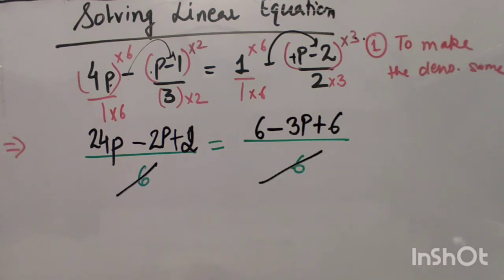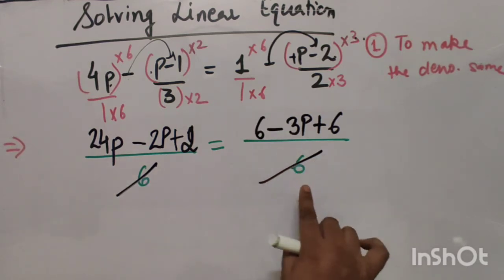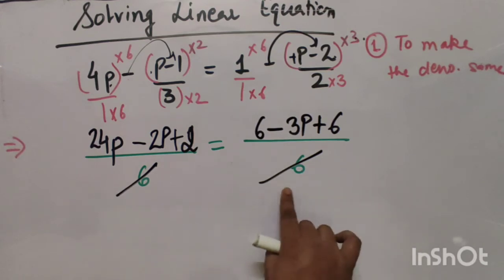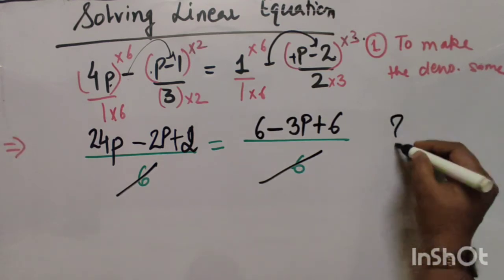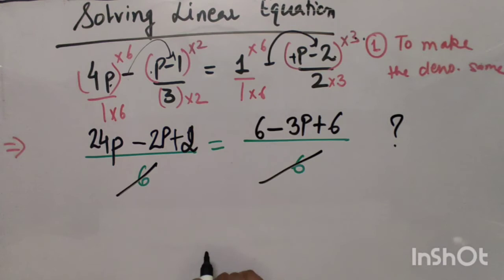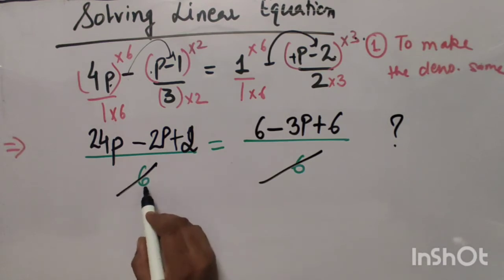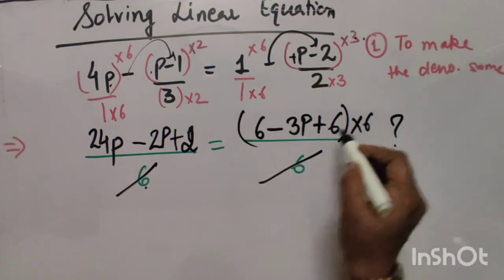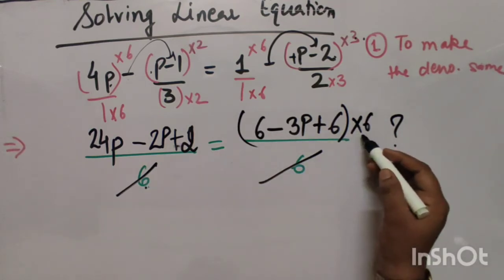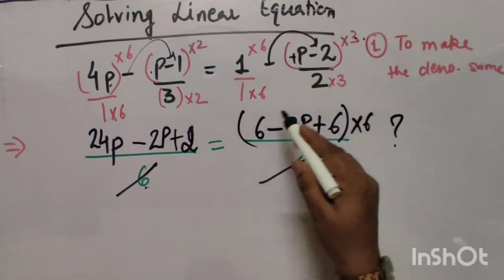Now we will cancel the denominator at both sides. The denominator gets cancelled because it is the whole denominator 6 on both sides. The question is why we can cancel them: if I transpose this 6 here, it will get multiplied with the whole RHS.